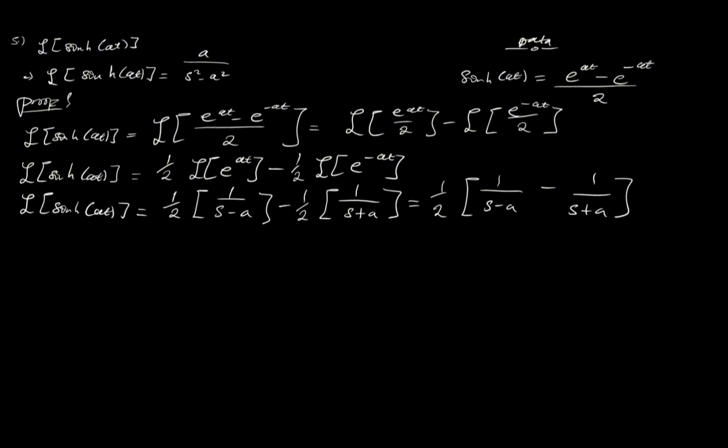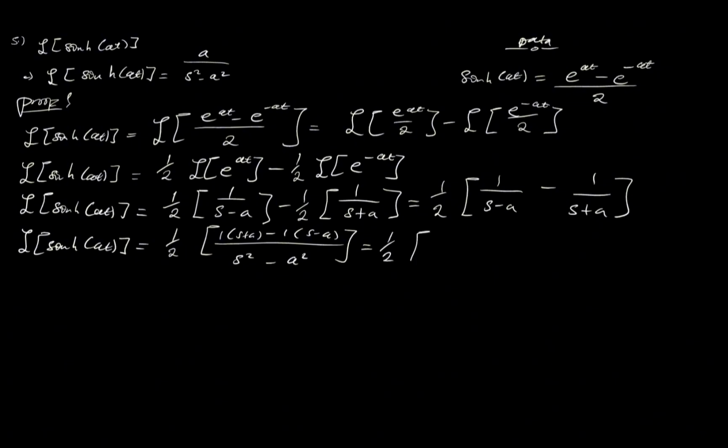In a similar manner, the Laplace of sinh at will have 1 over 2, then the common denominator will be s squared minus a squared. This tells us that we'll have 1 times s plus a, then minus 1 times s minus a. Continuing to simplify, when 1 multiplies everything we have s plus a. Negative 1 by s will be negative s. Negative 1 by negative a will be plus a.